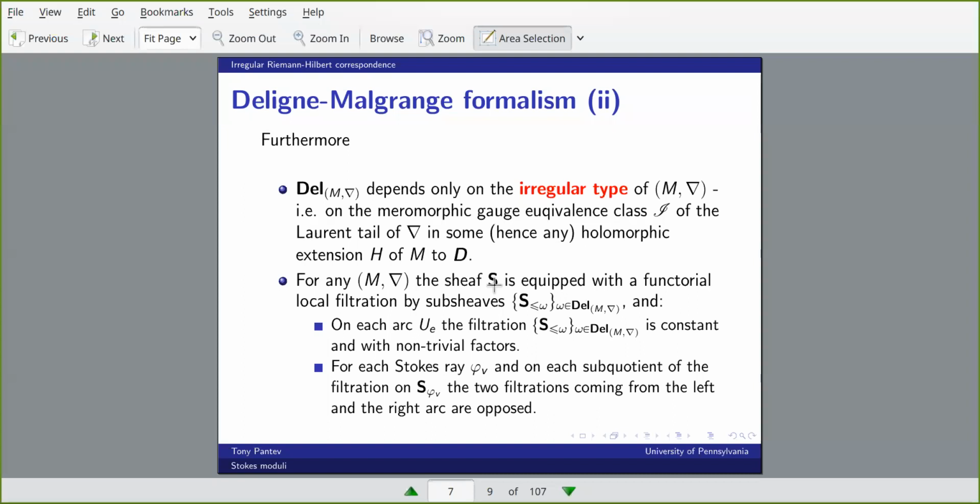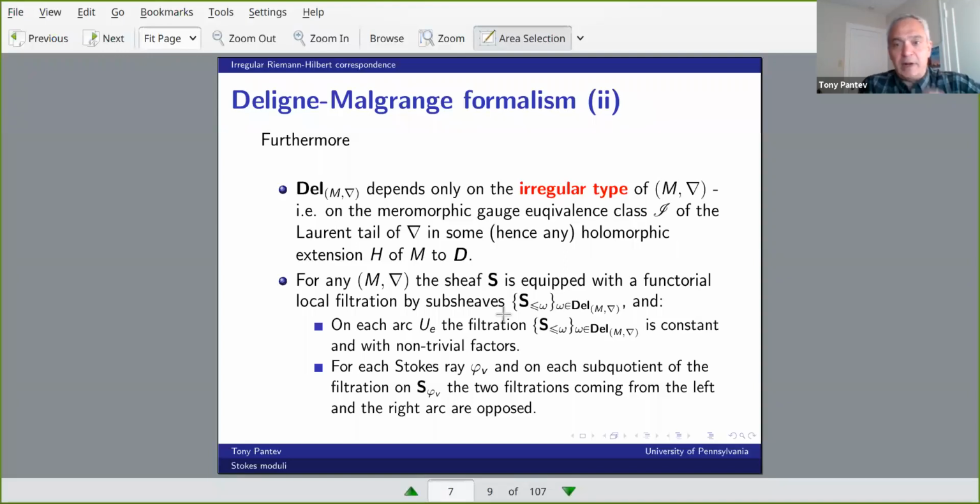And you need this extra data on the local system of vector spaces. So these are like the moderate growth sections in sectors. Sorry, I didn't prepare a slide with that. You can actually write that very explicitly, and it is in Deligne's letter to Malgrange, and it's also in the paper that we wrote with Maxime and Ludmil on Hodge theoretic aspects of mirror symmetry. So you can see the formulas there.